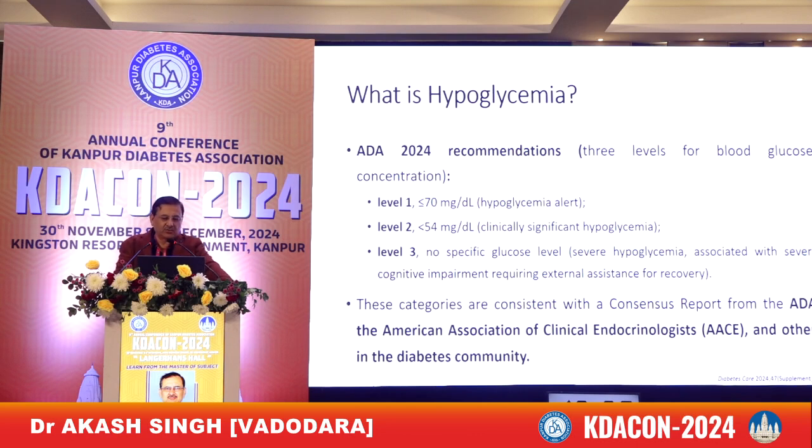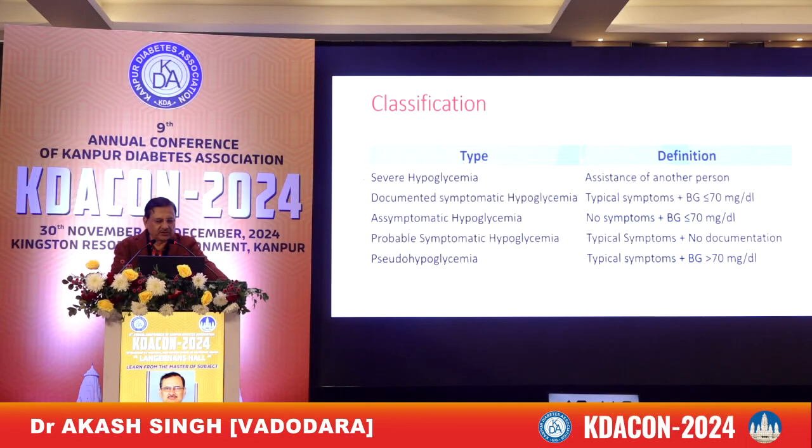Level 3 is no specific glucose level, but the patient has all the symptoms of hypoglycemia, is unable to assist himself, has severe cognitive impairment, and has to be helped by others to bring him out of this condition. So level 2 and level 3 are the most undesirable forms of hypoglycemia.